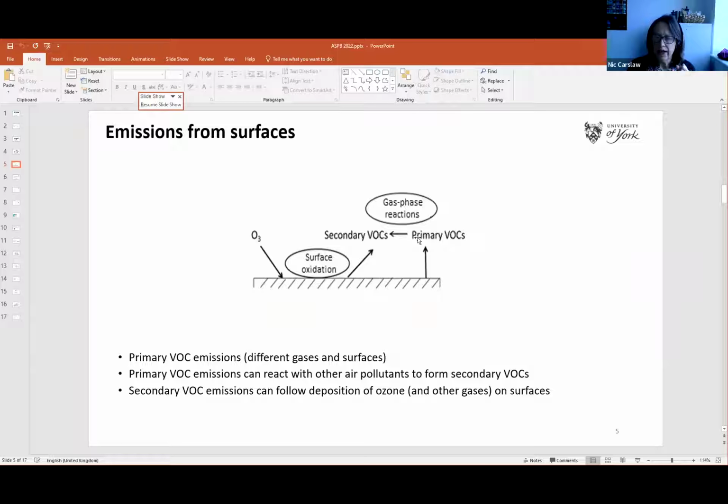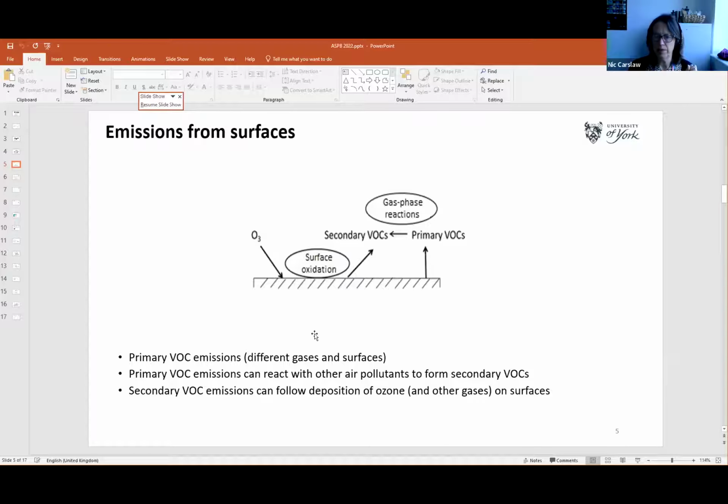Now, once in the air, these primary emissions, and we tend to think about volatile organic compounds, that's what VOCs stand for, so think about things that you can smell, to simplify that. We know that once these are emitted, they undergo a lot of reactions indoors, and they can form secondary volatile organic compounds.